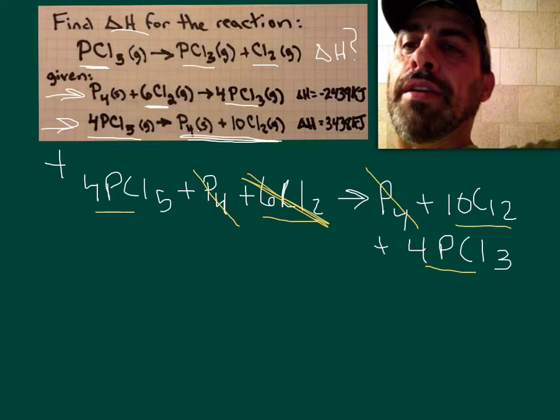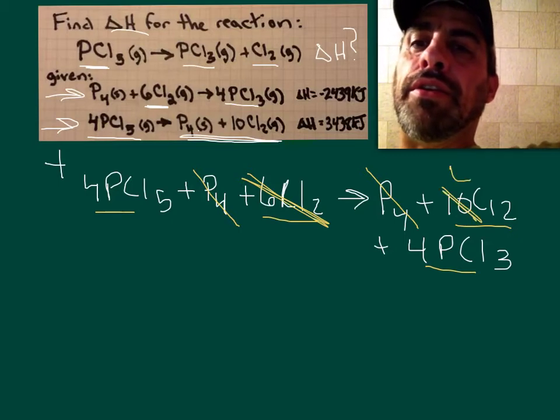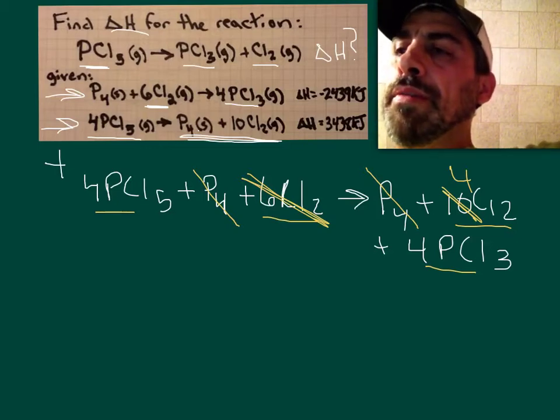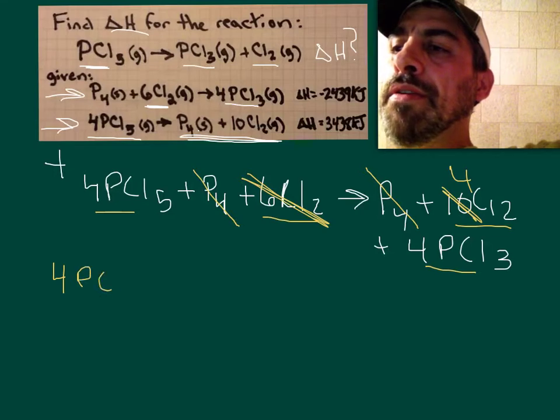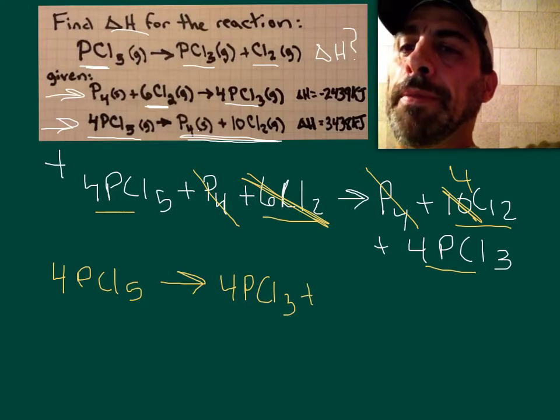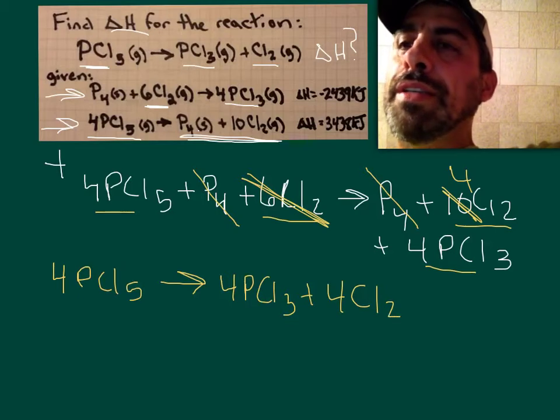These 6 are going to cancel out 6 of these, so the coefficient changes to a 4. So then we clean it up and we have 4 PCl5 decomposing into 4 PCl3 plus 4 chlorine gases, which is the exact sum of these two reactions added together.